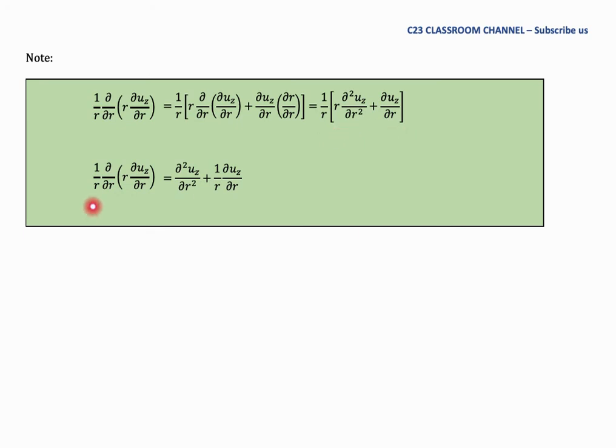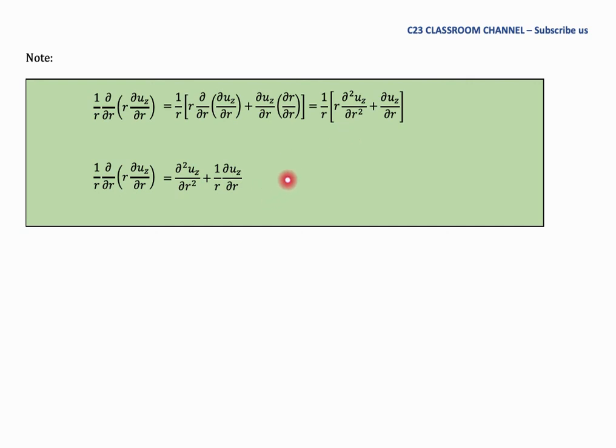Sometimes they will give you 1 over r del over del r, r del u_z over del r, and it is equal to this one. Because in textbooks, this term can actually be expanded into this one or into this one.